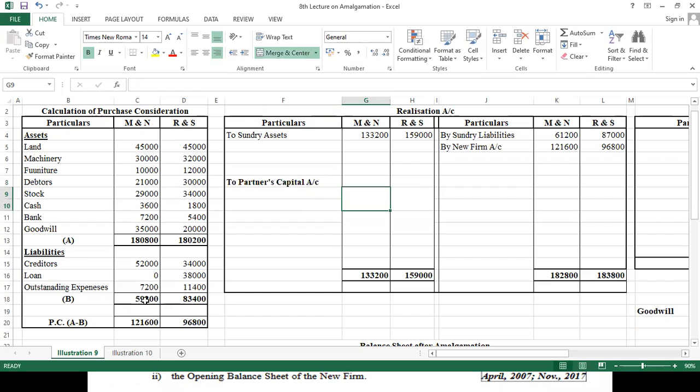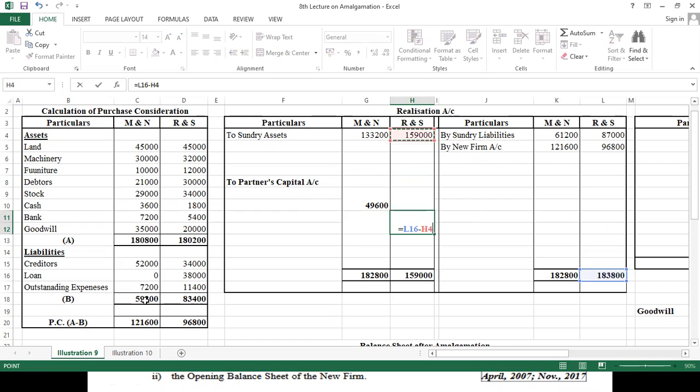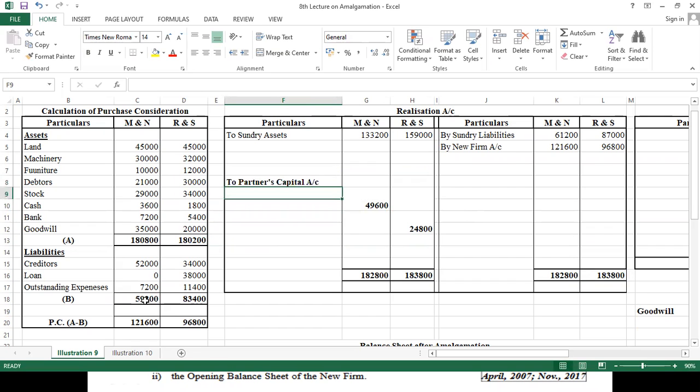Now look here. 1,82,800 minus 52, and similarly here 1,83,800 minus this particular amount. So we have two partners.